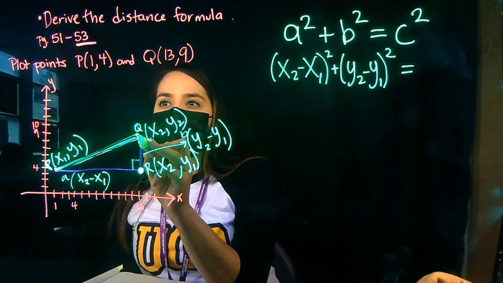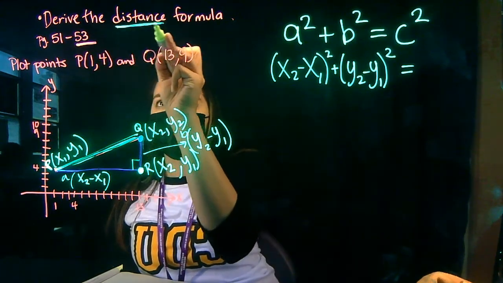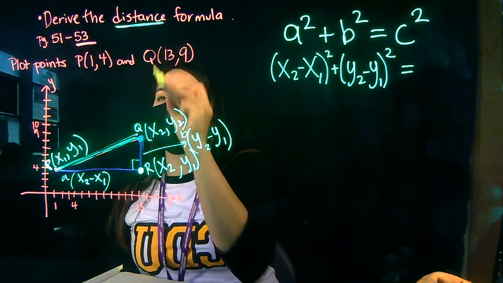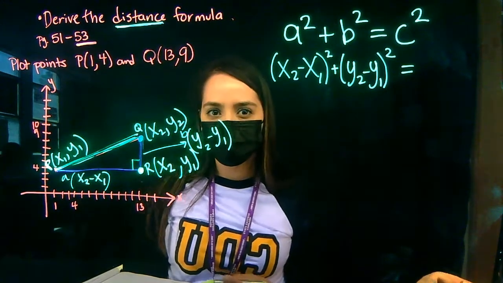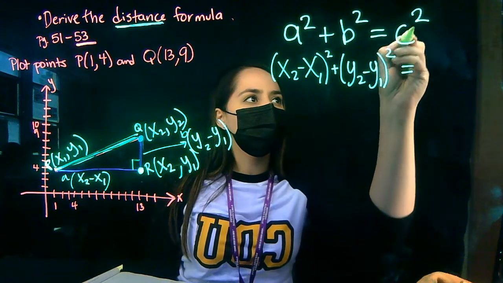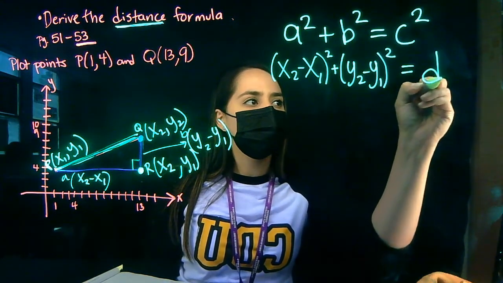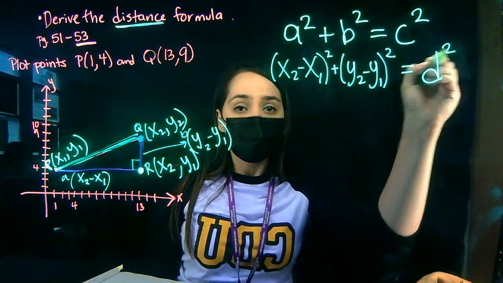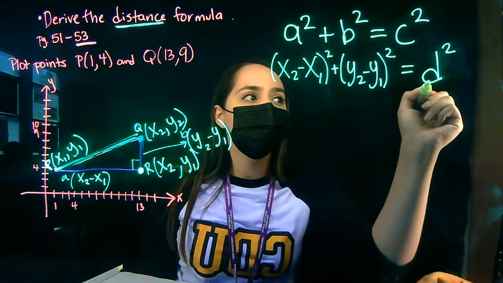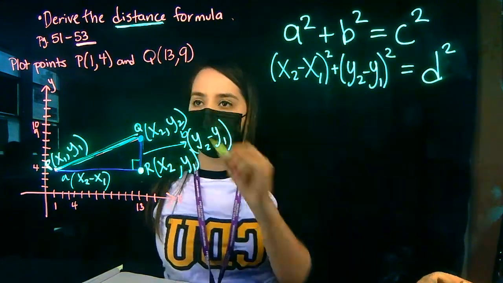The hypotenuse, but what were we trying to find? The distance. What's a better letter to use for distance? D. So instead of putting c squared, can I put d squared here? Yeah, I can. I can put any letter I want. So I'm going to choose to put d for distance.